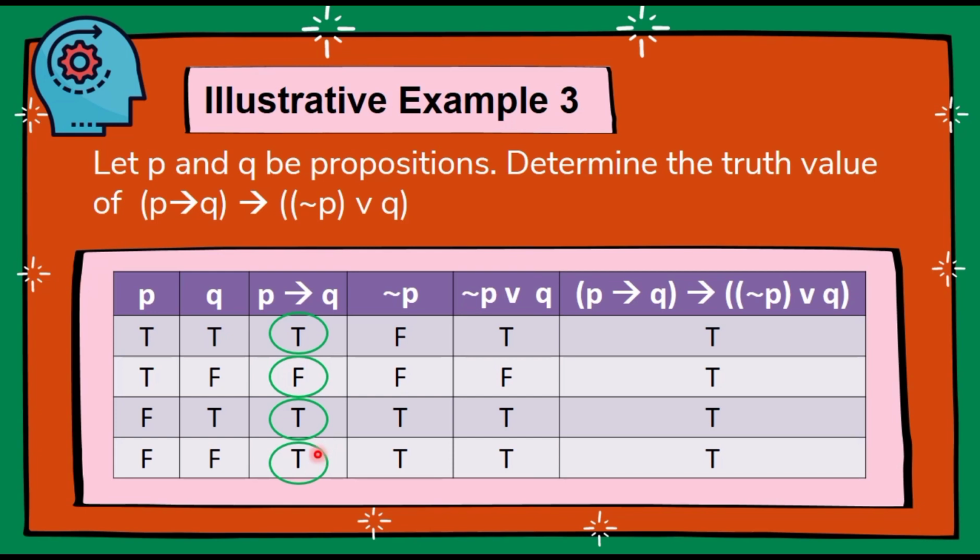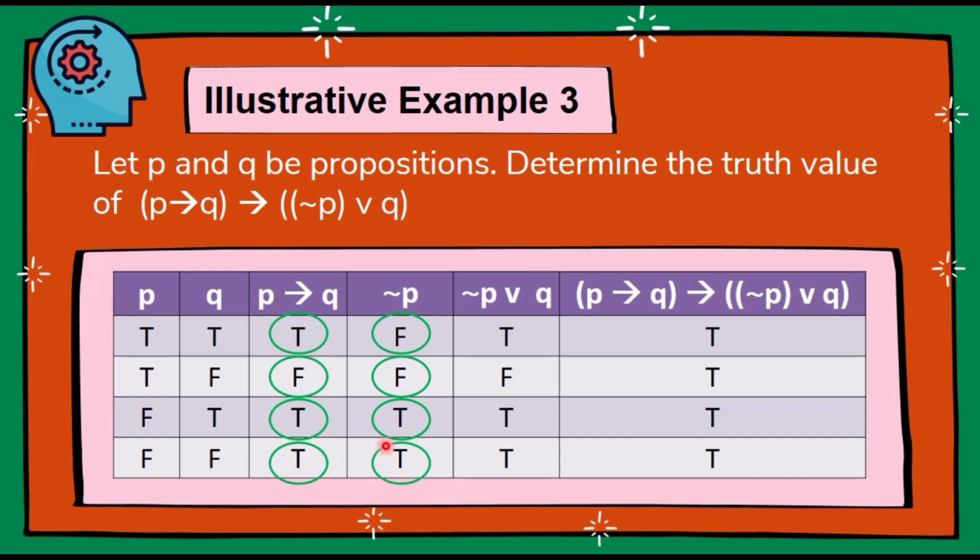The next step is to find the negation of P. We will just negate this proposition P. Negation of true is false. Negation of true is false. Negation of false is true. Negation of false is true.